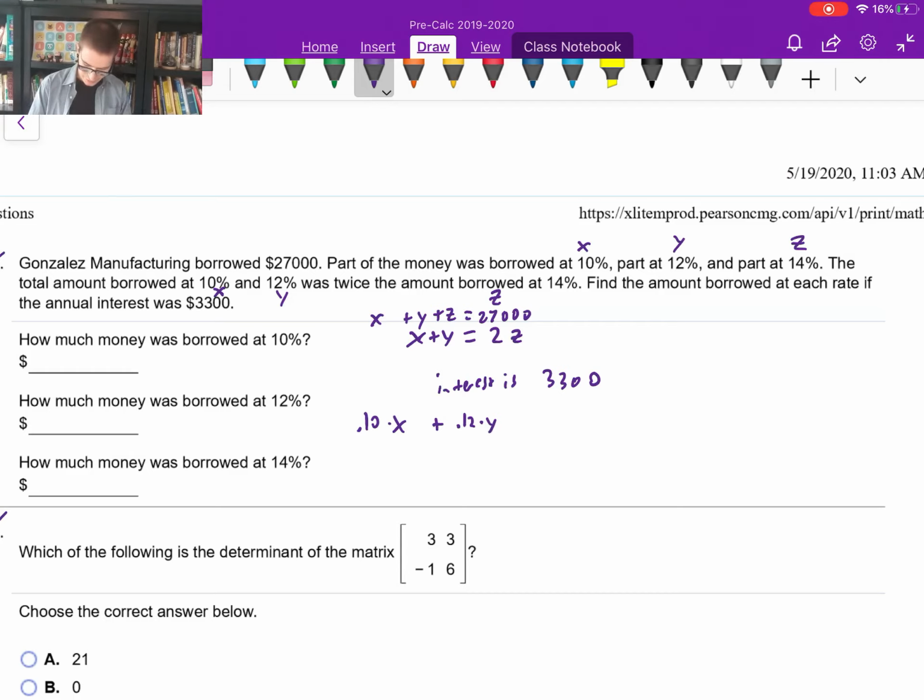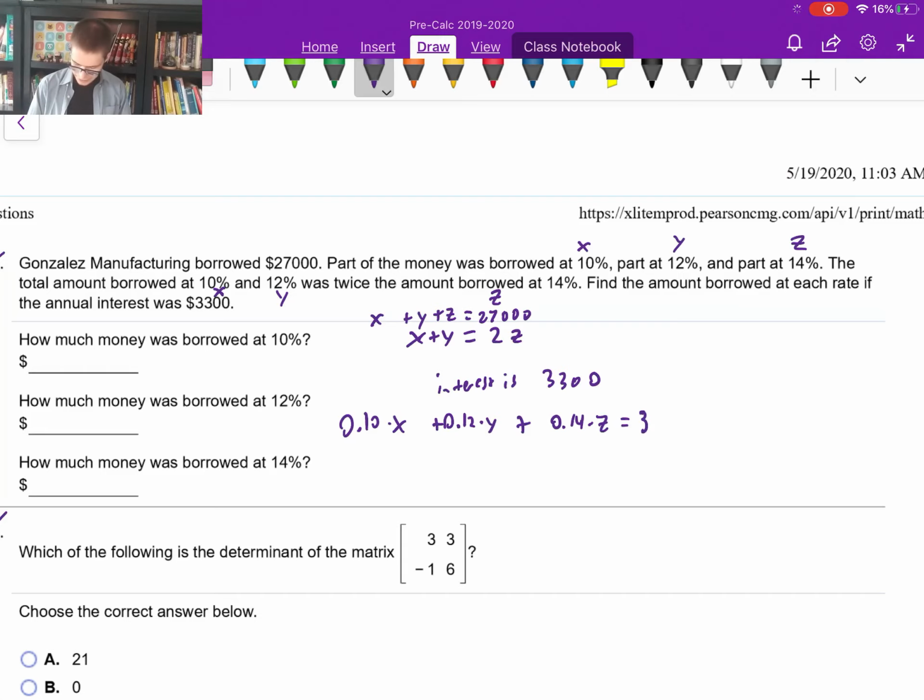Let's make this 0.10 so it's clear what these dots are. And then 0.14 times z would be the amount of interest for z. And all those added together should equal the total amount of interest, which is $3,300.